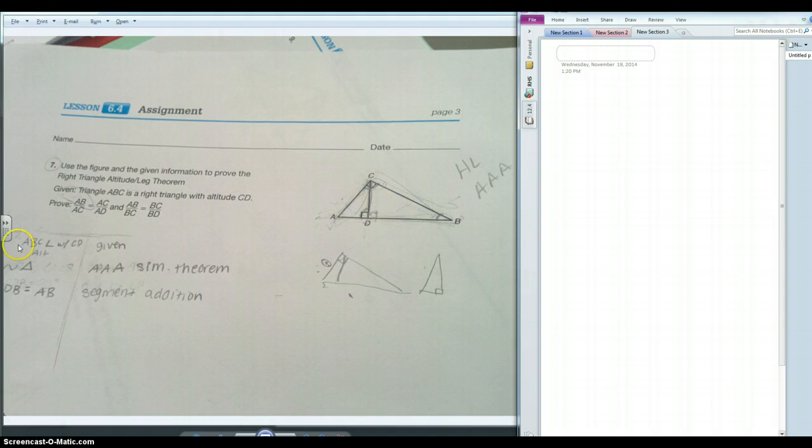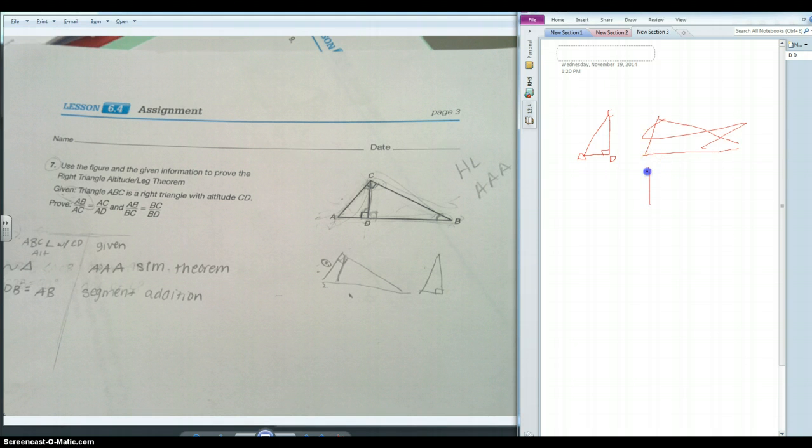I typically like to draw them separately. The little one looks something like this, and this is C, and this is A, and this is D. And then the larger one, actually, forget that. Let me make it more precise.